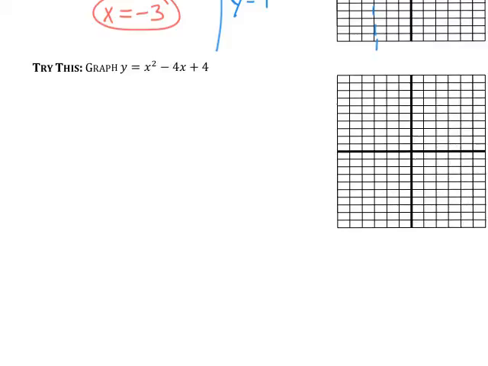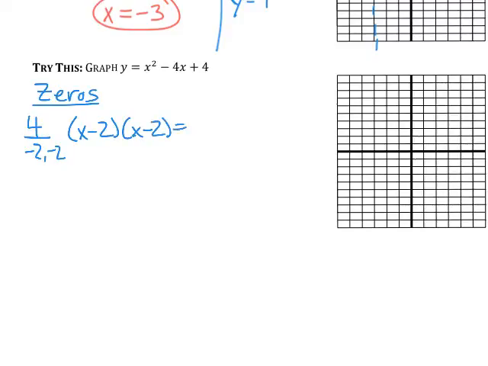Okay, so working through this, so I find my zeros. Nothing in front of x squared, so I'm going to factor. So factors of 4, that add to -4, that'd be -2 and -2. So I have x minus 2 times x minus 2 equals 0. So x minus 2 could be 0, or x minus 2 could be 0.